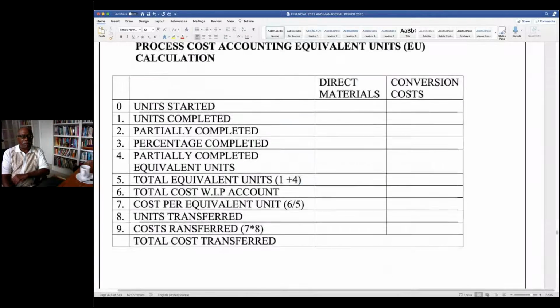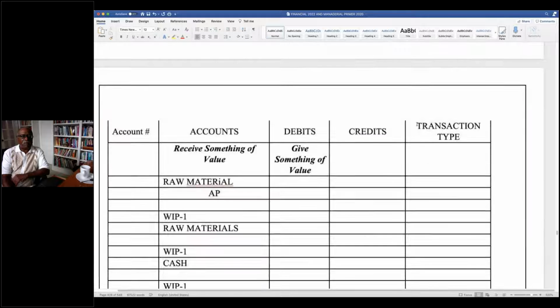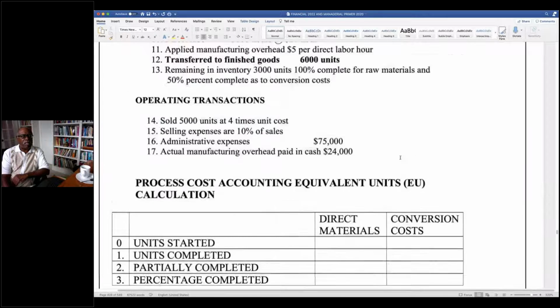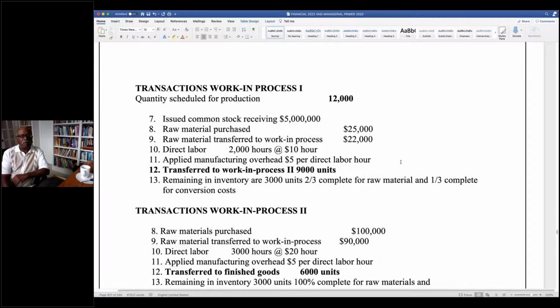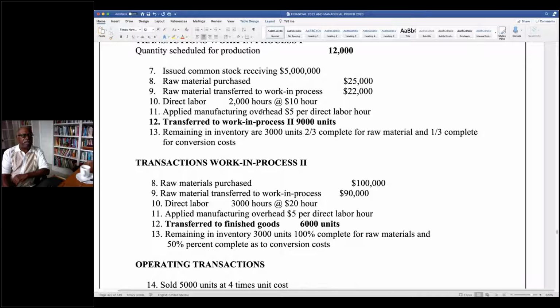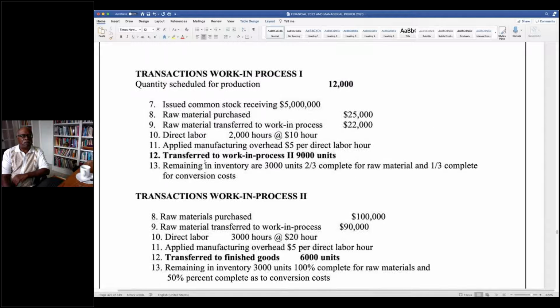And it's gonna be raw materials and AP. How much did you buy? How much raw material did you buy?